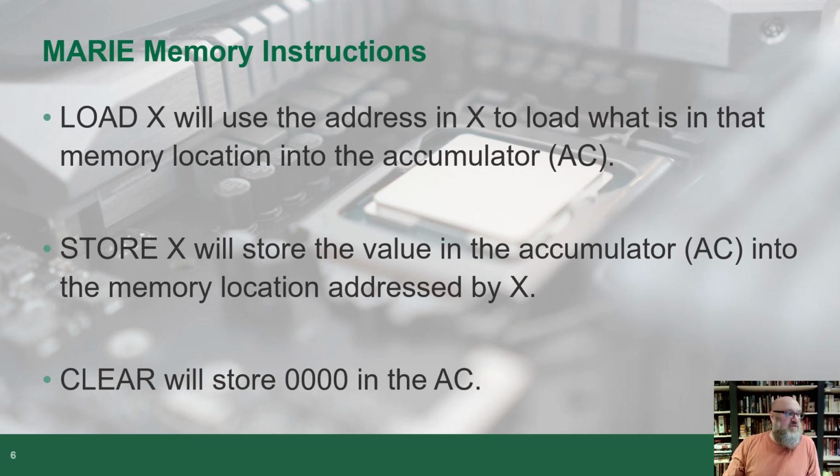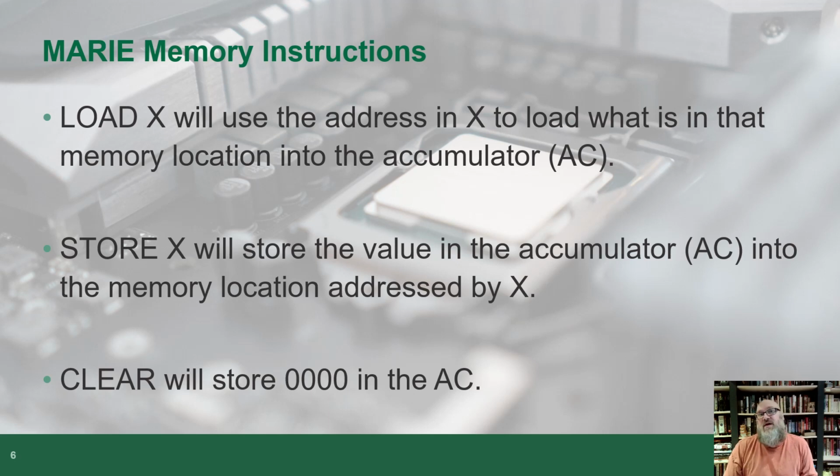Okay, so I wanted to run through the various instructions really quickly. We're going to have some memory instructions to do with the accumulator. First, we have load x, where we will use the word load, and then we will give it a 12-bit address. And that's the address that we want to look at and load what is in those bits into the accumulator.